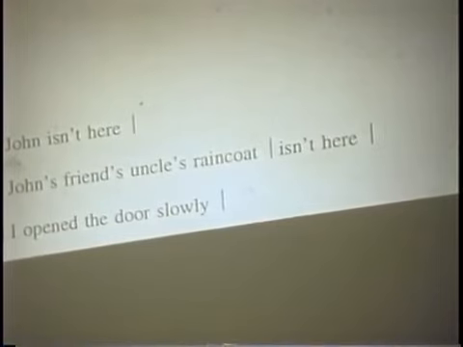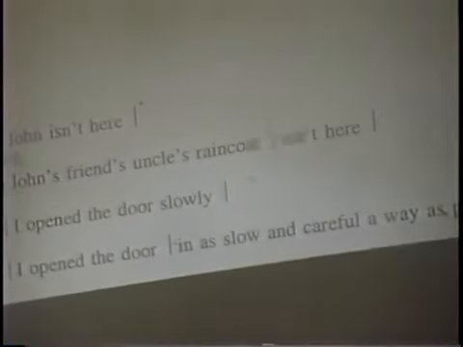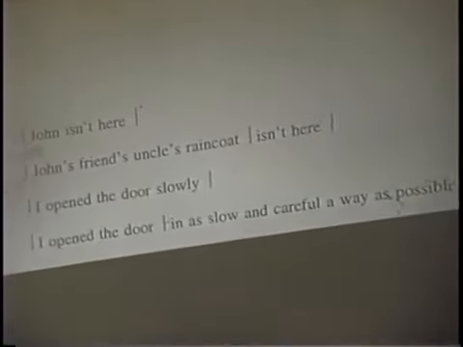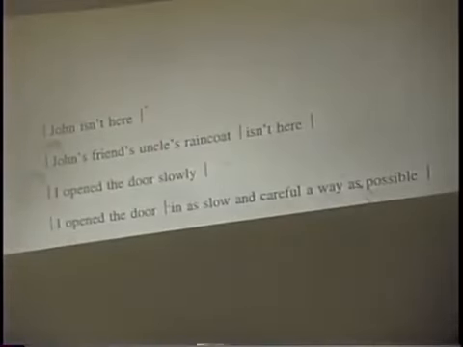If I make that adverbial phrase more complicated, longer, by adding words to it, changing it around a bit, then it's likely that I'm going to split that off and give it a separate word group of its own. So in that sentence, I open the door in as slow and careful a way as possible. It's likely to have a separate word group of its own. Not guaranteed, but likely.